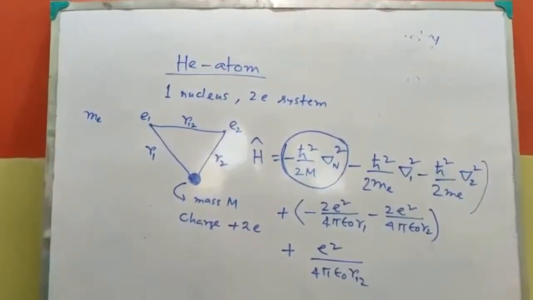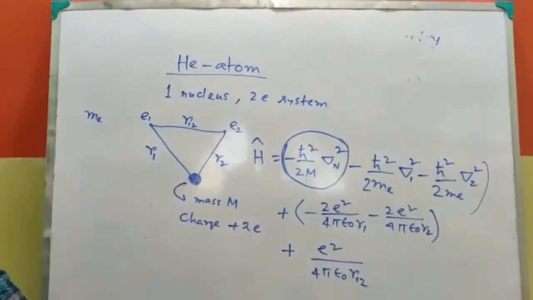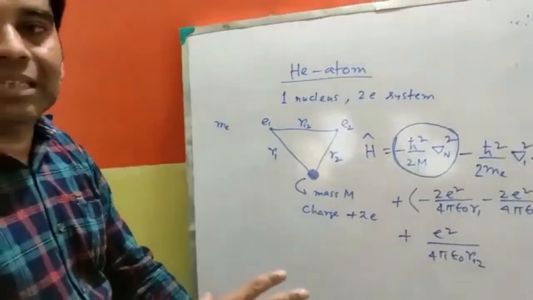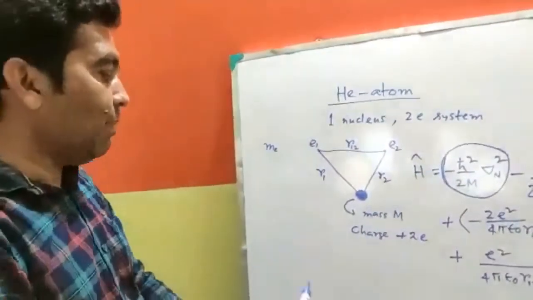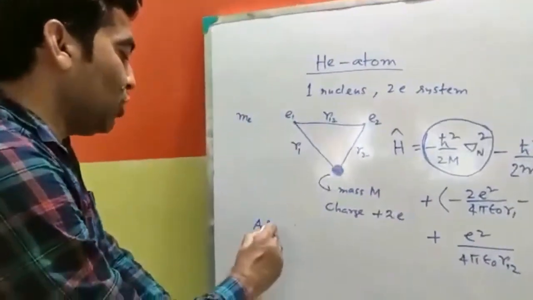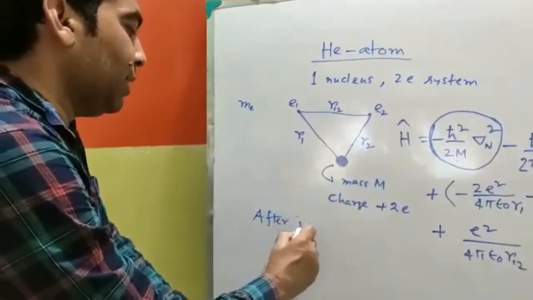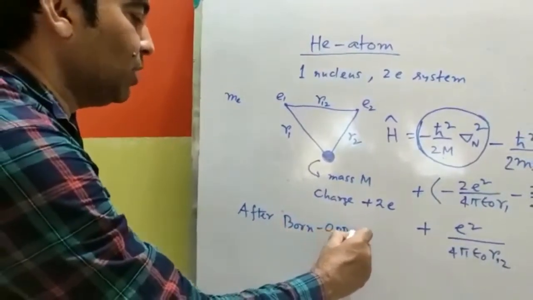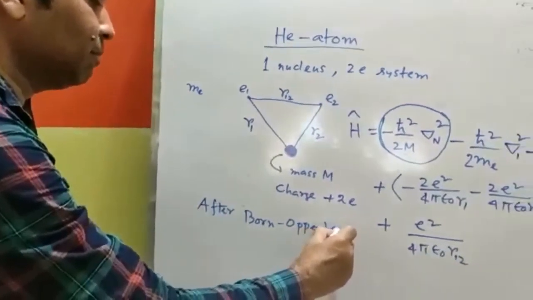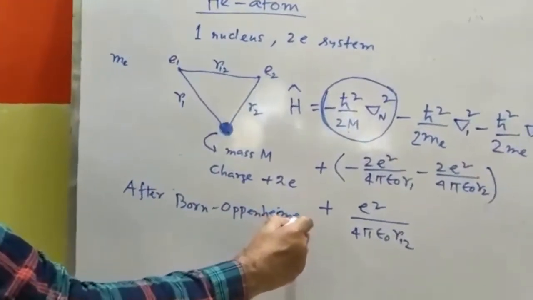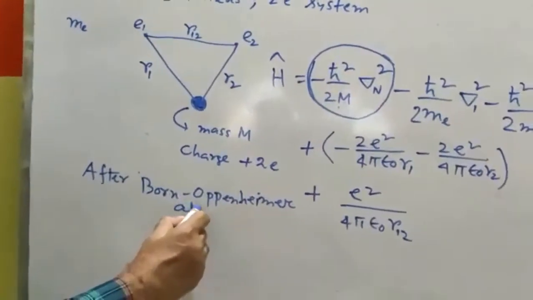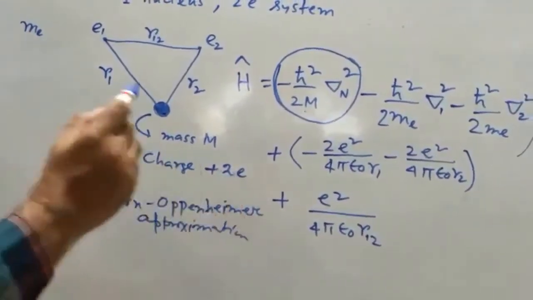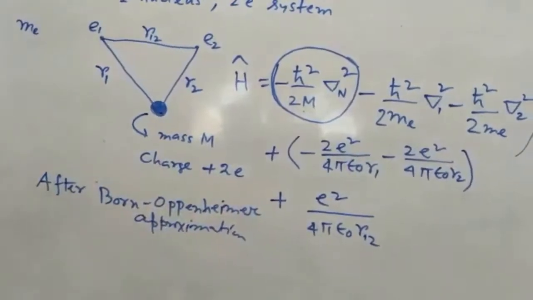We already know the Born-Oppenheimer approximation says that during electronic transition the nucleus remains fixed. So after the Born-Oppenheimer approximation, the equation of the Hamiltonian will be simplified a little bit.